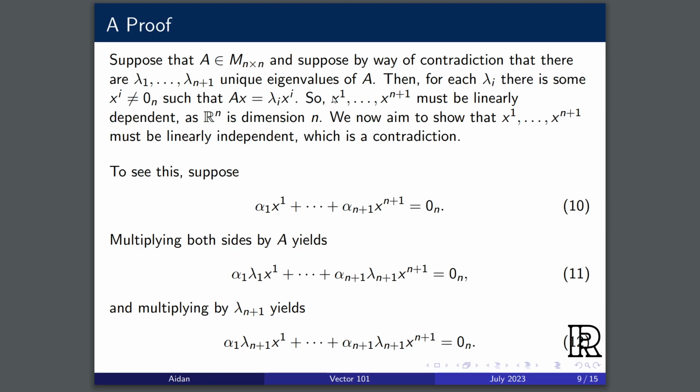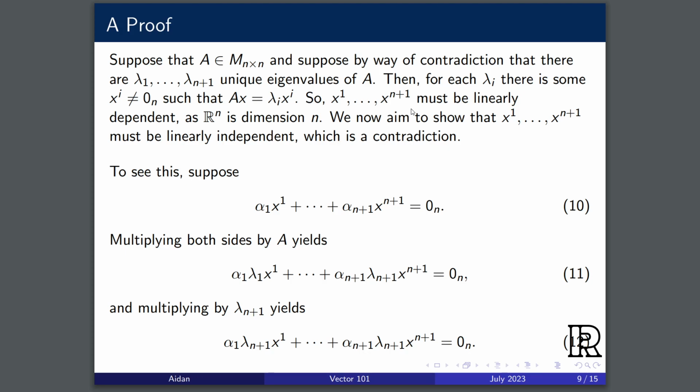So we know for a fact that these n plus 1 vectors must be linearly dependent. What I am going to prove to you now is that they must be linearly independent. If I can prove that, then we have reached a contradiction, because a list cannot be both dependent and independent at the same time.